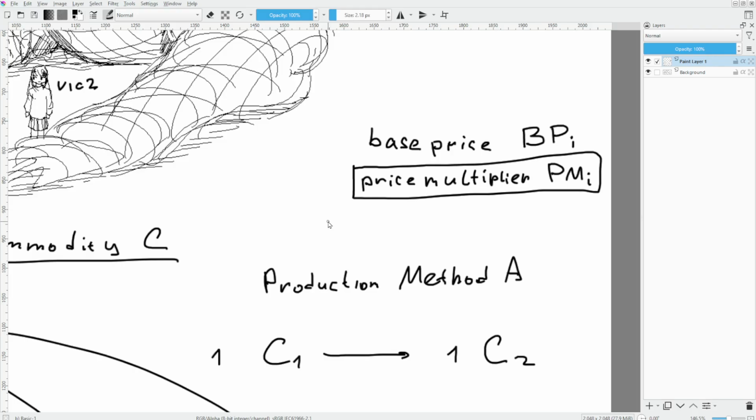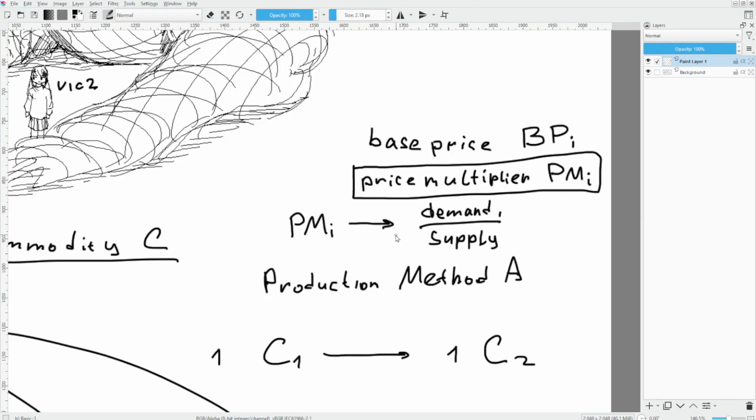Well, I don't know the exact formula. It is not exposed. I can't claim that I know it. But in general, people assume that the price multiplier is converging to something like demand divided by supply.